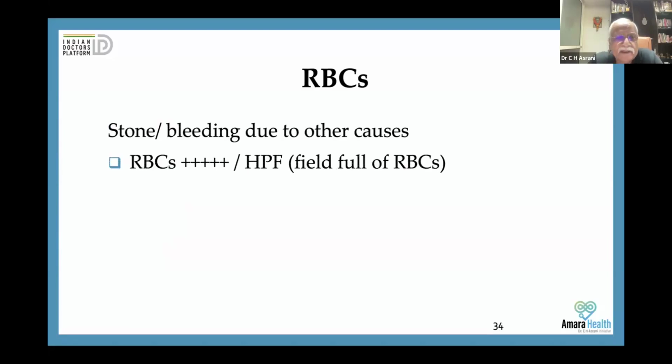RBCs 4 plus, 5 plus, or the report says field is full of RBCs. First doubt is renal cell carcinoma or there is frank blood in urine. Now see, we have large number of RBCs, less number of pus cells. This is hematuria. I will not treat this as 10 to 20 pus cells.